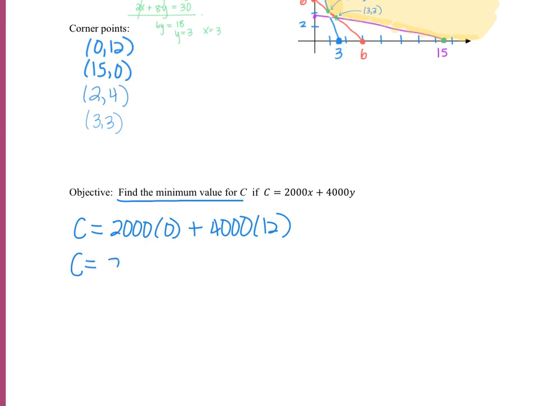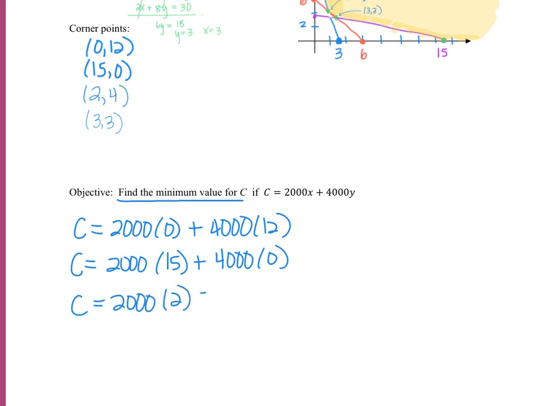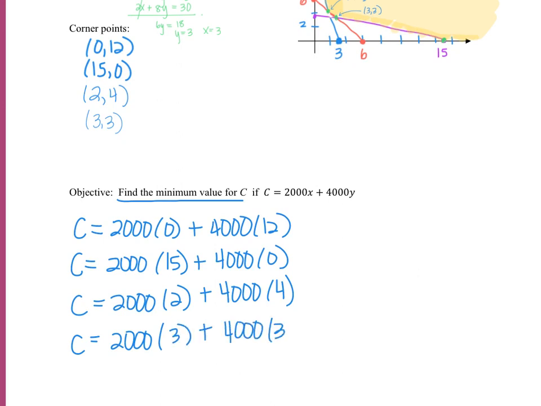Or C could be 2000 times 15 plus 4000 times 0. Or C could be 2000 times 2 plus 4000 times 4. Or the final option would be 2000 times 3 plus 4000 times 3.